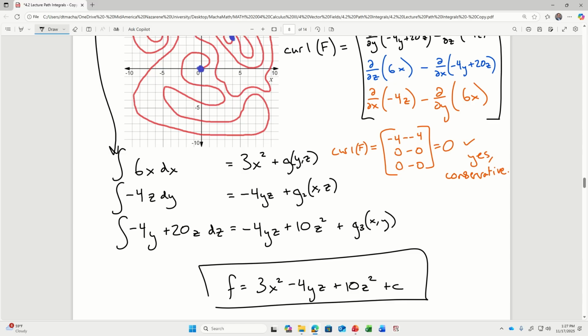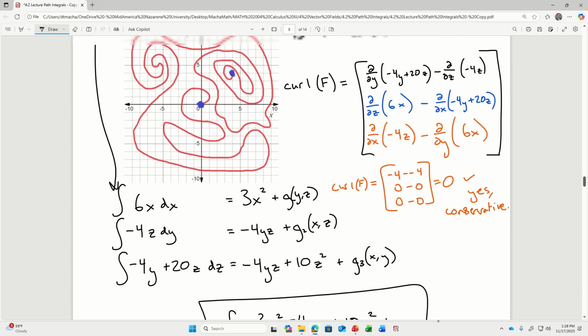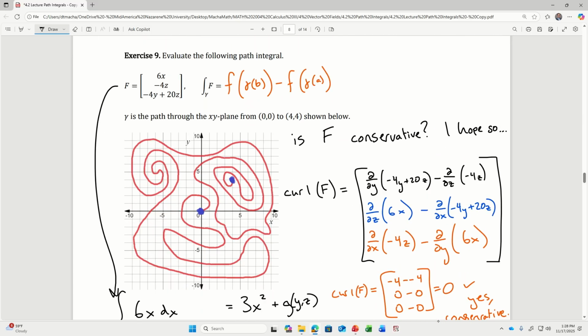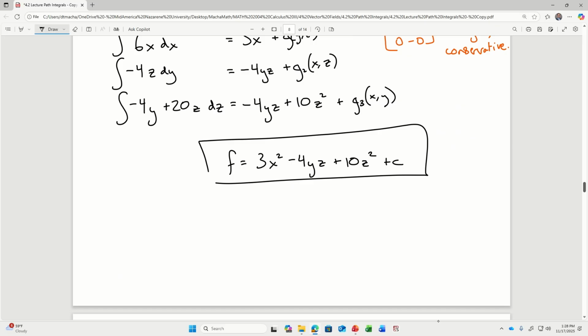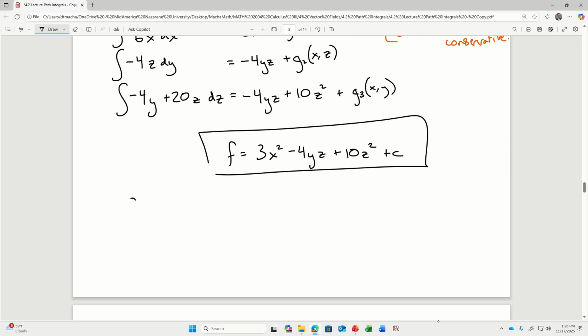Now I just need to plug in the values of x and y and z at the start point and at the end point. I'm starting at 0, 0 and ending at 4, 4. So when I start at 0, 0 and end at 4, 4, I'm going to subtract these.